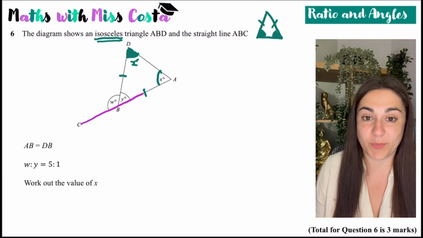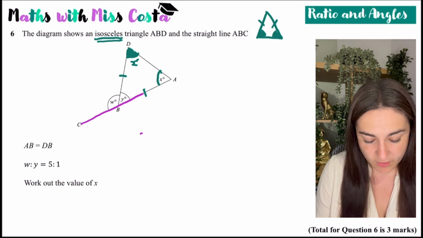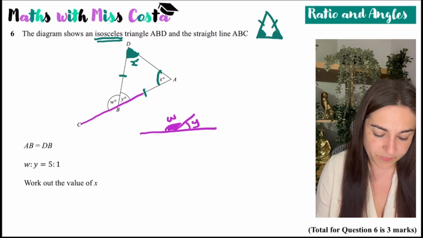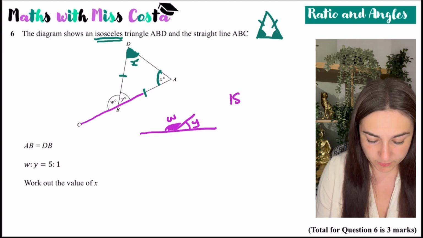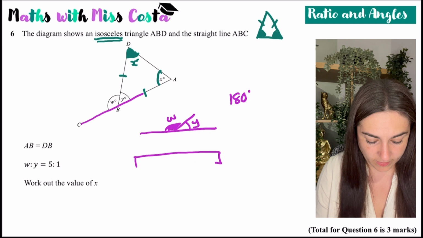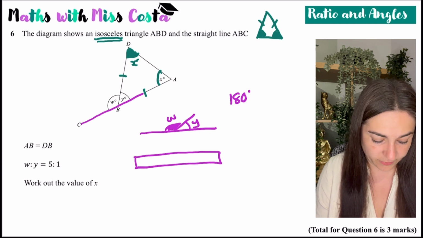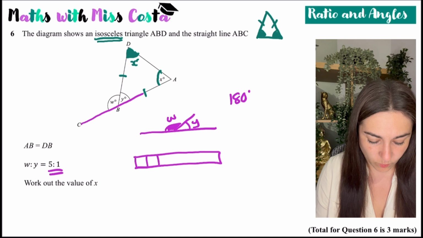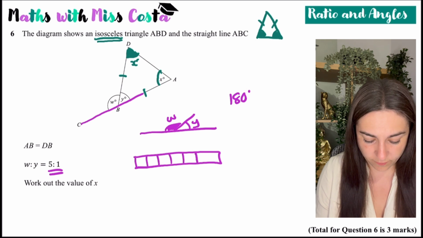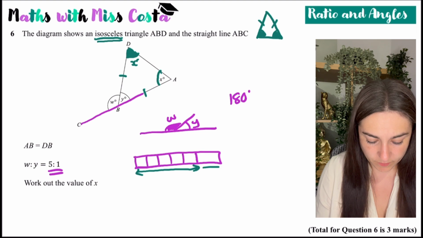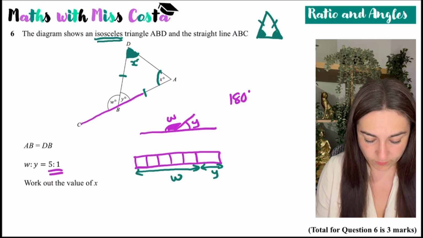So first I start by just thinking about, what do I know? I know that that's a straight line. So let's have a look and let's work out what W and Y are. Well, angles on a straight line sum to 180 degrees. And I know that this 180 degrees is split into 6 parts. So 1, 2, 3, 4, 5 parts make up W, and Y is 1 part.